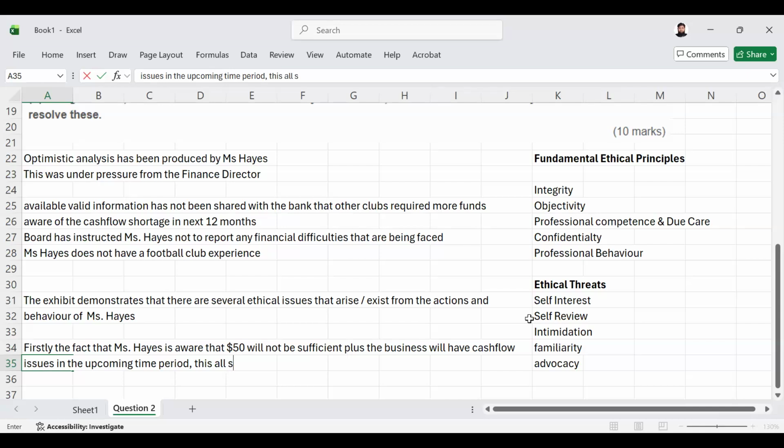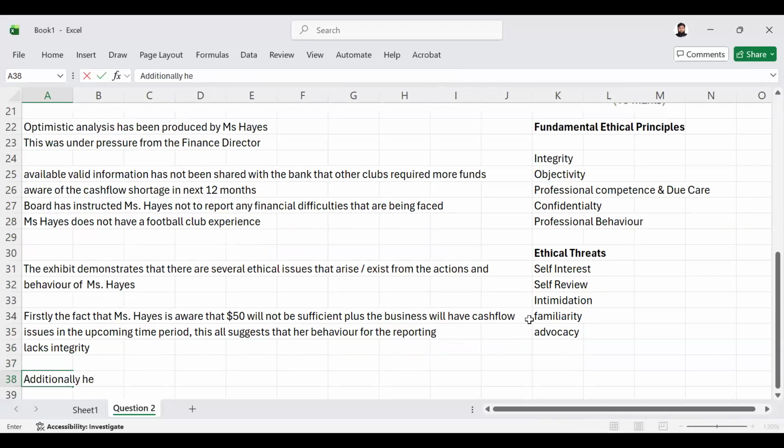This all suggests that her behavior for the reporting lacks integrity.